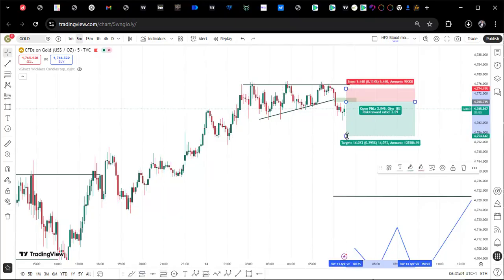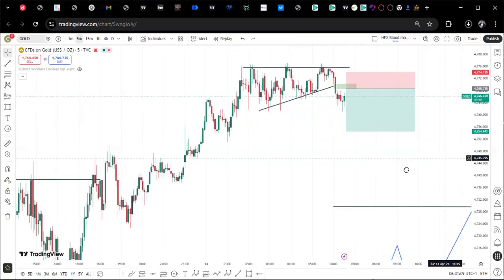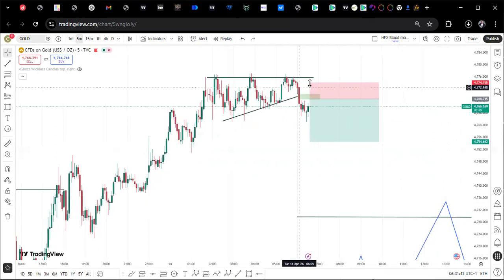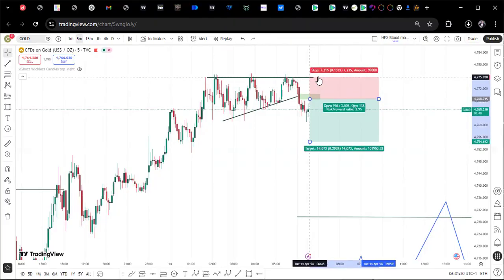Or 5 points for 14. Okay, let's see how it goes. 5 points, I think. Better I just keep it at this high and target 20. That's okay. So 20 again.